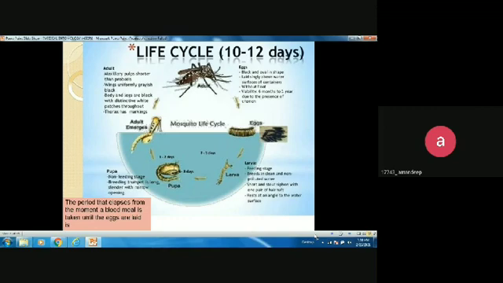It has a short and stout siphon with one pair of hair tuft. It rests at an angle to the water surface. After larval stage, it changes to pupa within 6 to 8 days, and the pupa stage then changes to adult, which emerges within 1 to 2 days. Now the features of pupa are: it is a non-feeding stage.